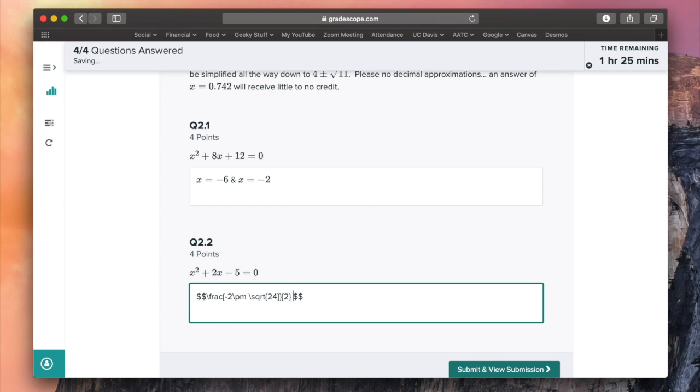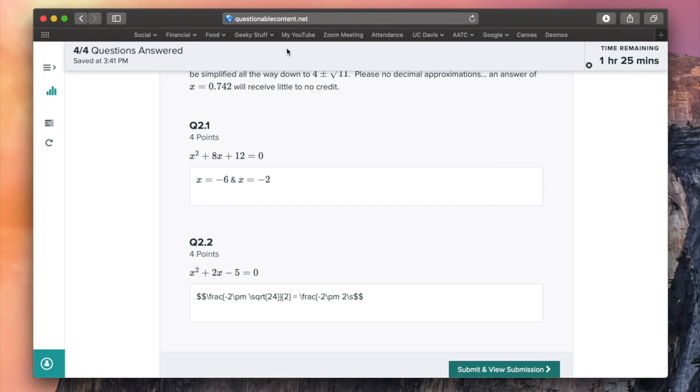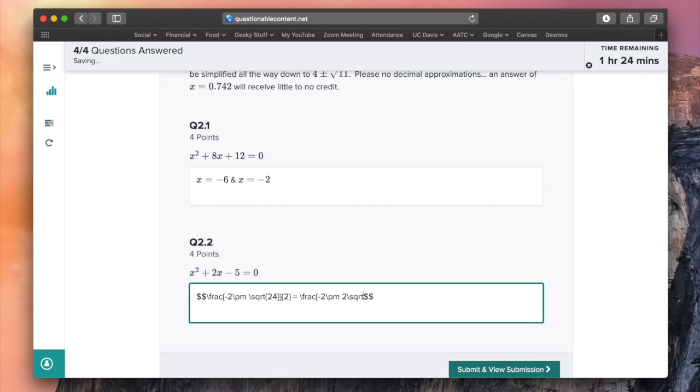But if I want to simplify that, you only need to put in your simplified answer. I'm just showing you how you would simplify this. It would be backslash frac, negative 2 backslash PM for plus minus, then 2 backslash SQRT of 6, and then we would close the top and then open the bottom, put in the 2, close the bottom.